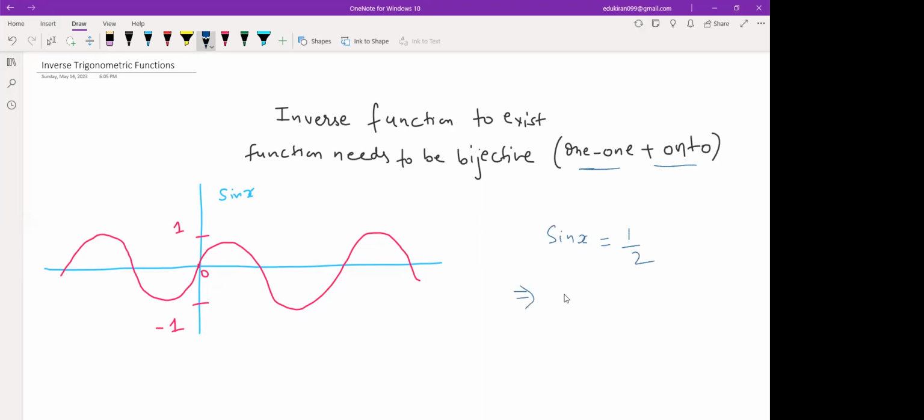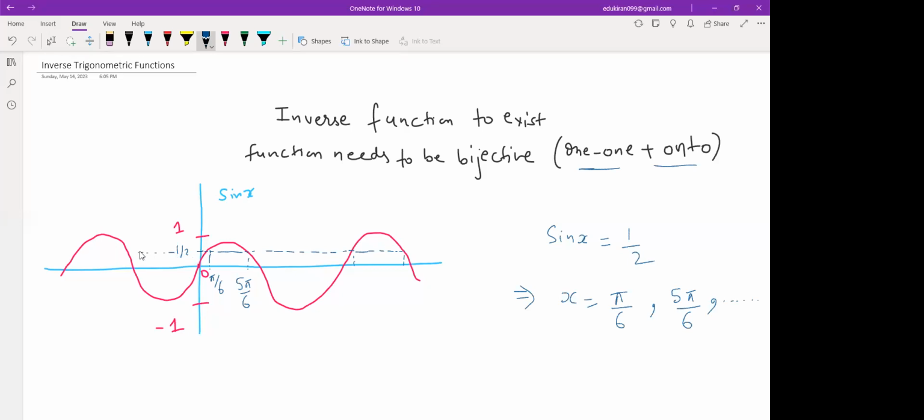We all know that x could be pi by 6, which is 30 degrees, or 5 pi by 6, and similarly many other values, negative and positive. So you will get pi by 6, 5 pi by 6, and infinite other values, like 2 pi plus pi by 6, 2 pi plus 5 pi by 6.